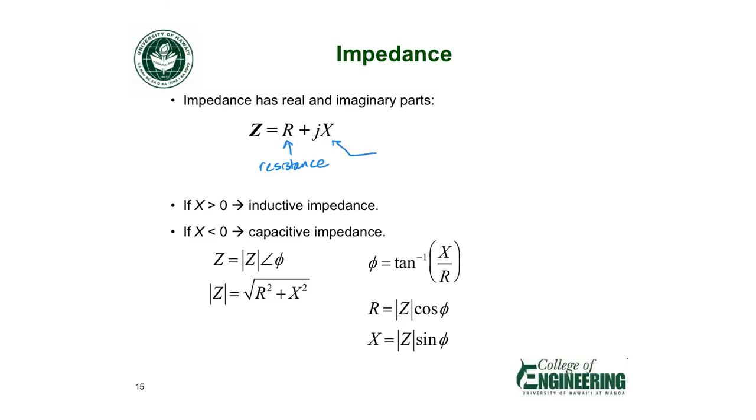And the imaginary part is something called the reactance. If that imaginary part is greater than 0, then you have something that's inductive. If it's less than 0, it's something that's capacitive. And all of those complex number math relationships still hold up for the impedance as well.